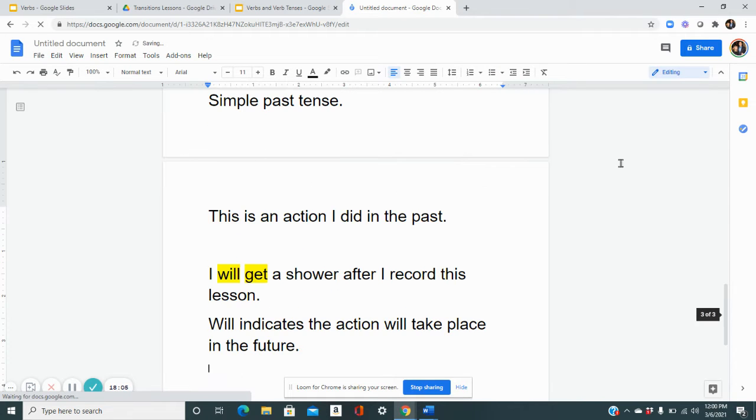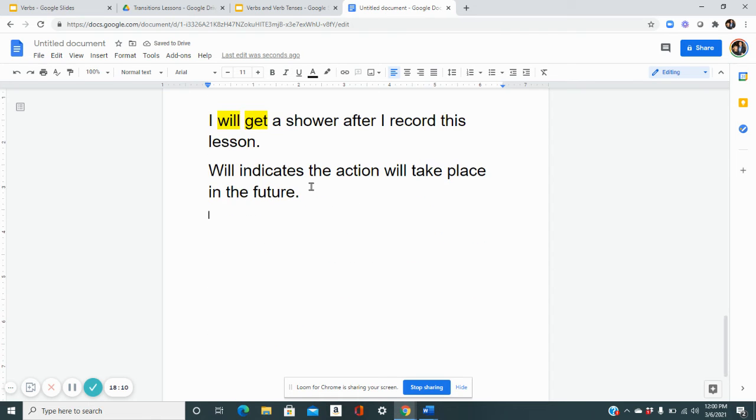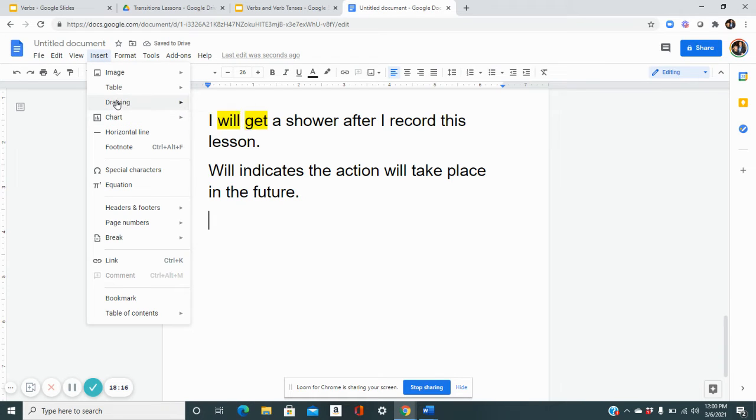Okay, there we go. I like working in documents a little bit better than Word. All right, so I'm going to insert a little chart. Or I'm sorry, a table.